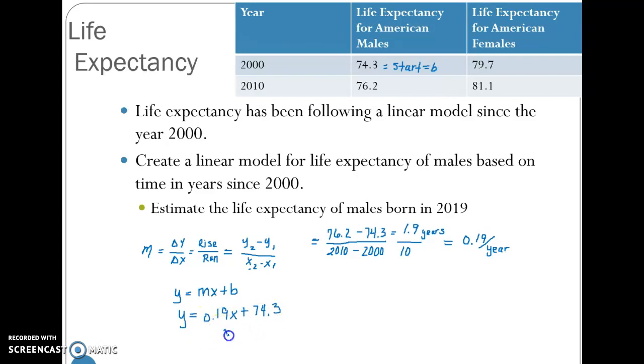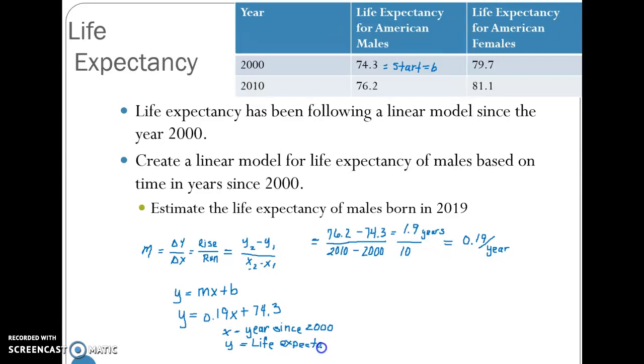In this equation, my x stands for the years since 2000. And my y stands for life expectancy. That is what I'm calculating.